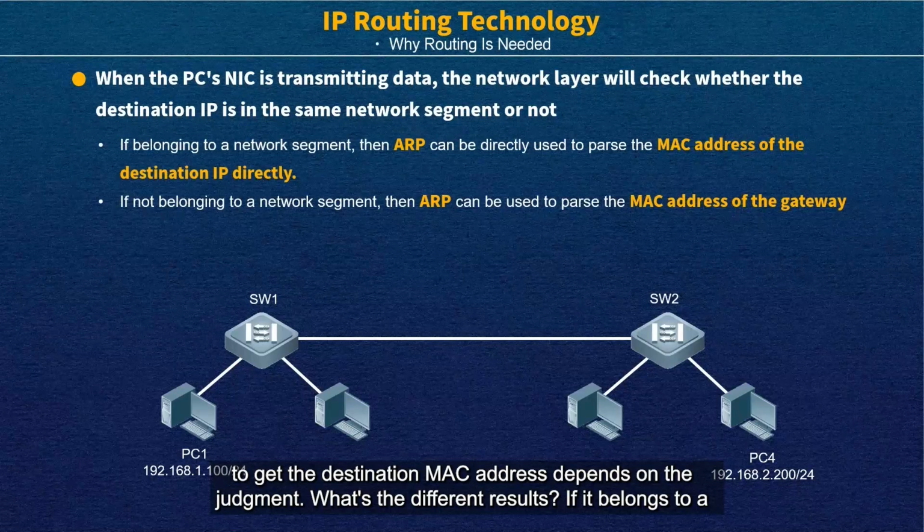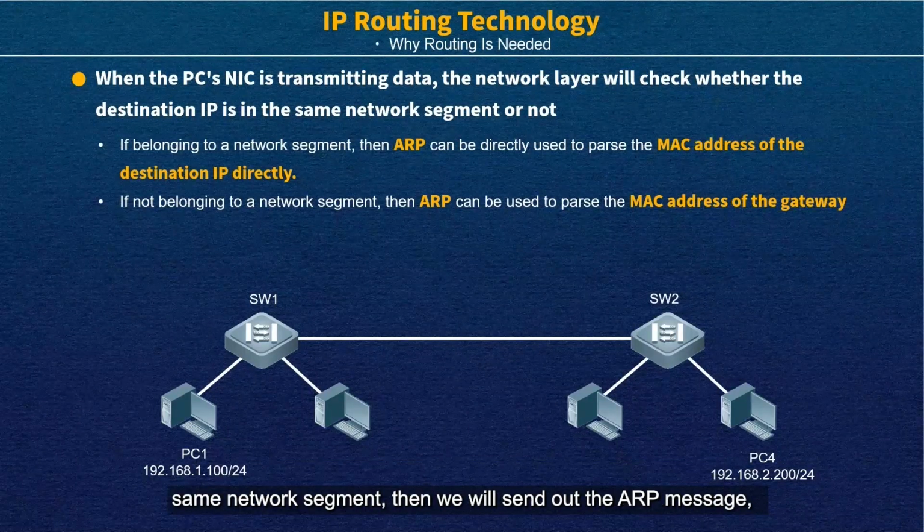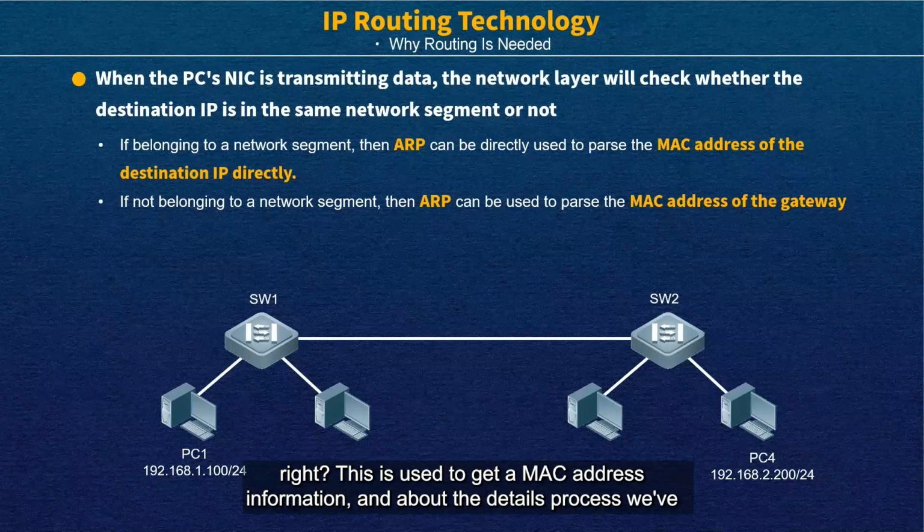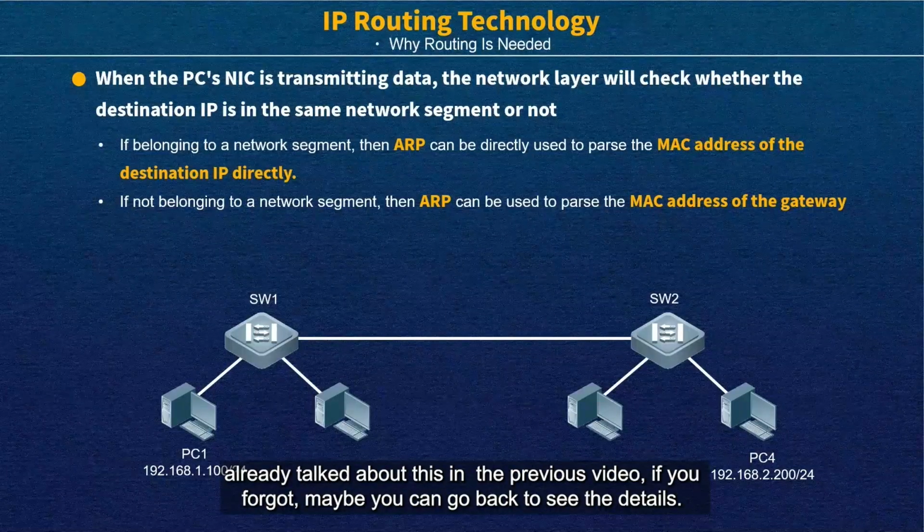What's the different result? If they belong to the same network segment, then we will send out the ARP message, right? This is used to get the MAC address information. And the detailed process we already talked about in the previous video. If you forgot, maybe you can go back to see the details.